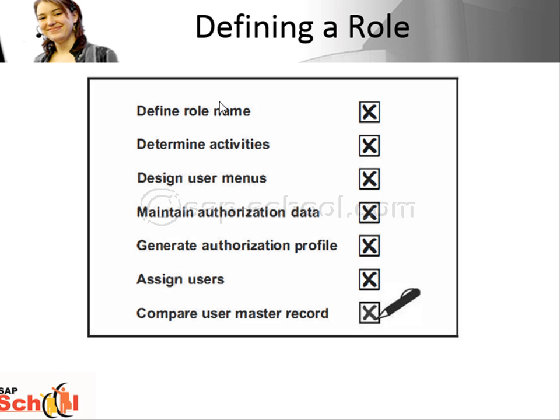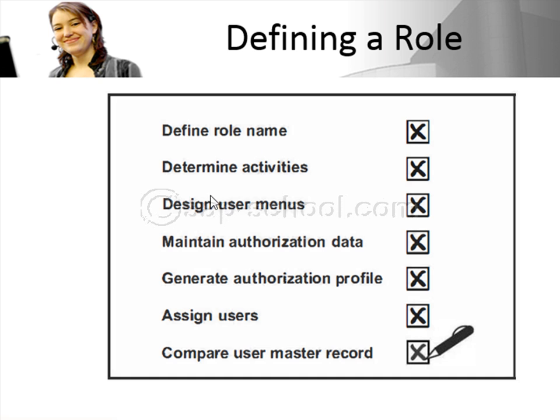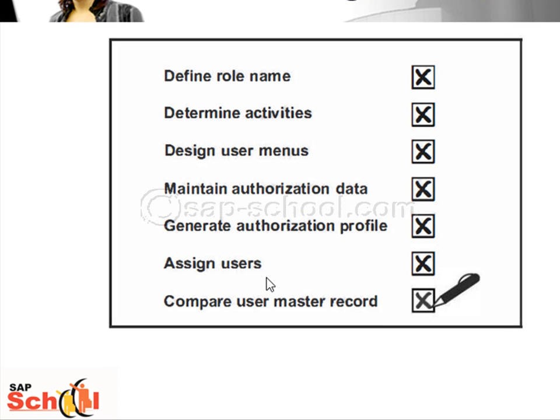So now we will define a new role, set it up, and then assign it to a user. And this is going to be a new user as well. And then we will log into the system with this new user and carry out a transaction. So this end-to-end process will make clear all the concepts that we've spoken about so far.